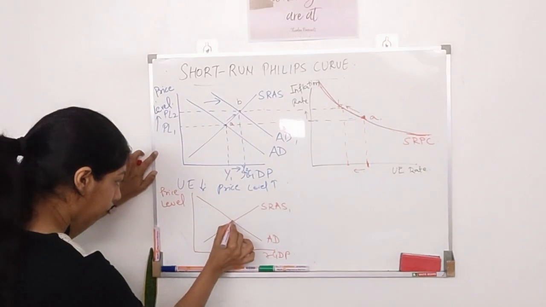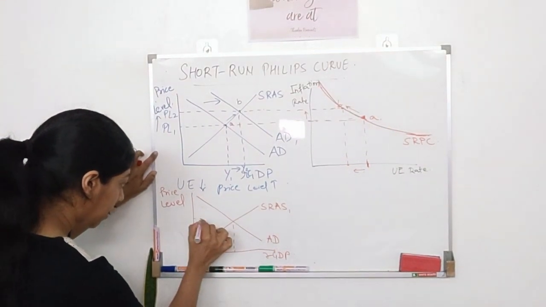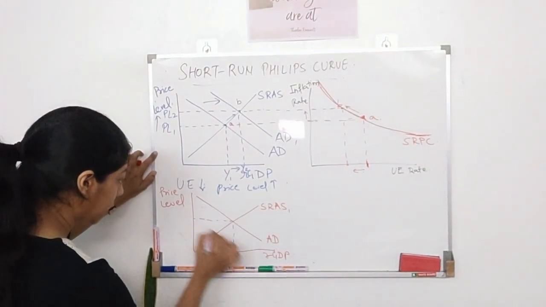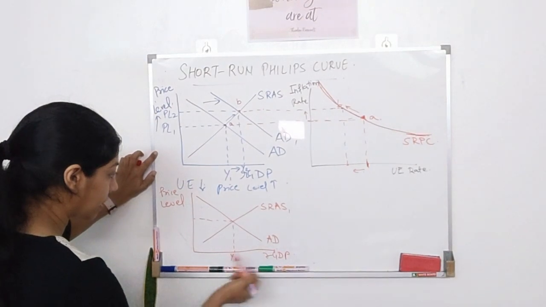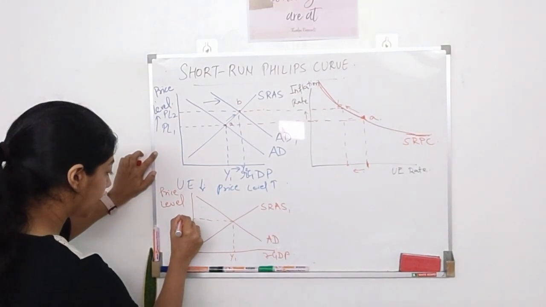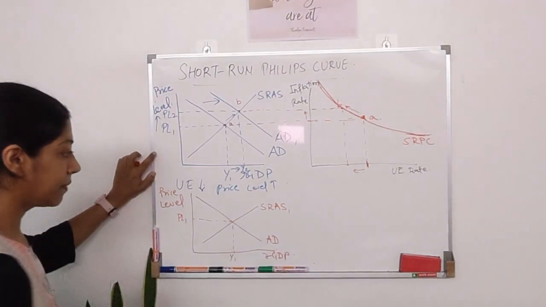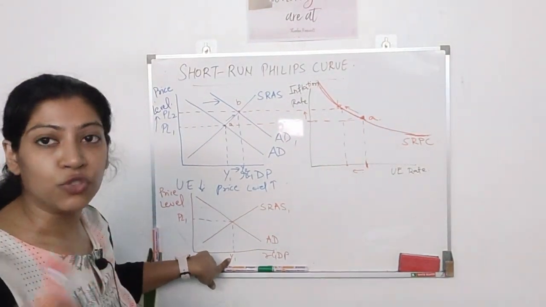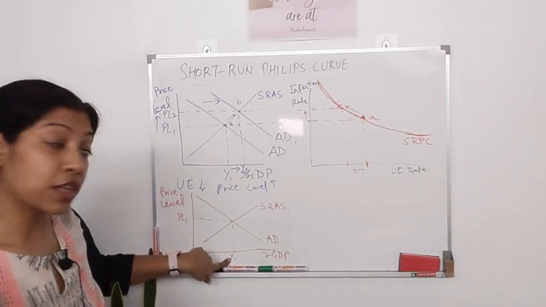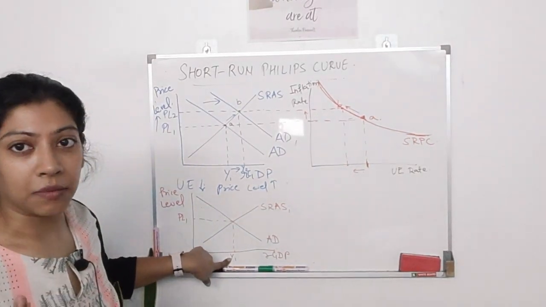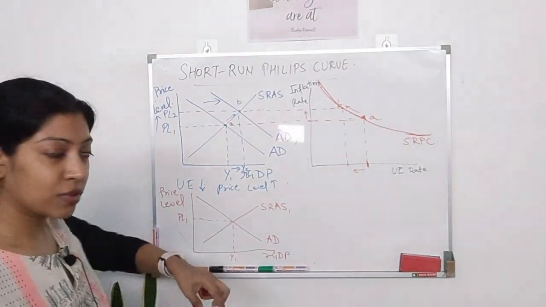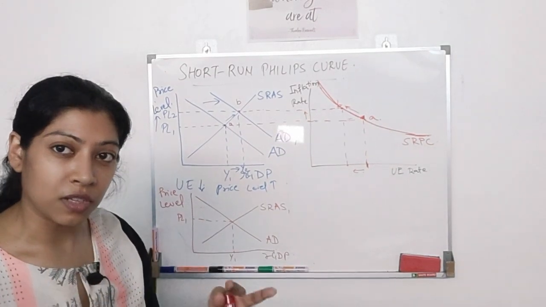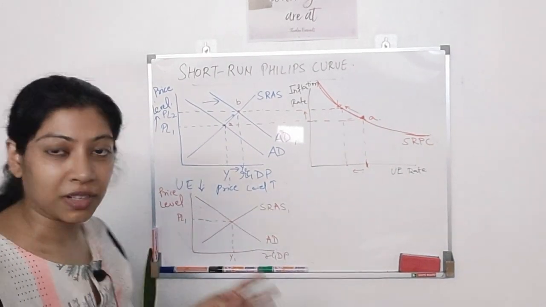Now over here, I'm just going to mark the real output and the price level. Remember, this is real output, real GDP, national income. It has many names, right? So don't get confused when I use those different terms. They're basically synonyms of one another.